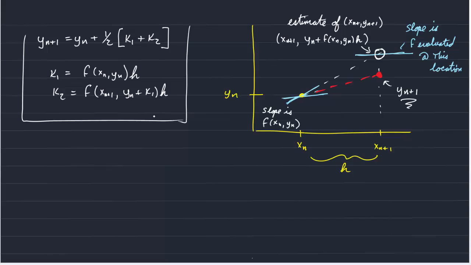So let's look at an example here. Better go to the next page to make sure I have enough room. So here we have our example, and the example is, say we're given y prime. This was taken from Greenberg's example for Euler's method that we looked at in the previous video.